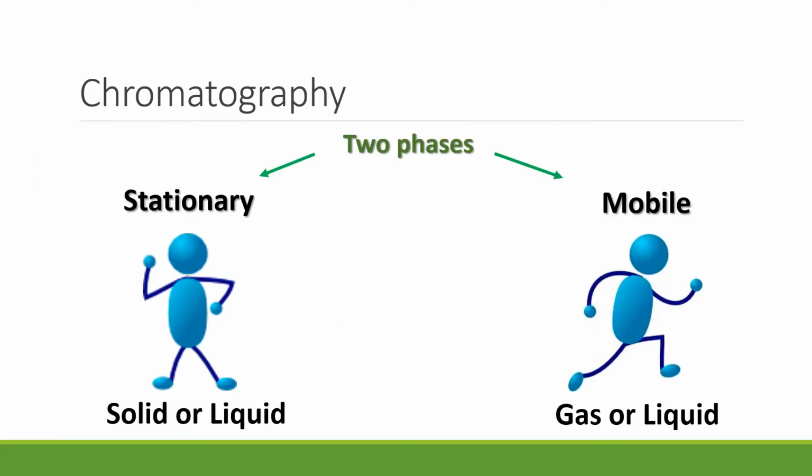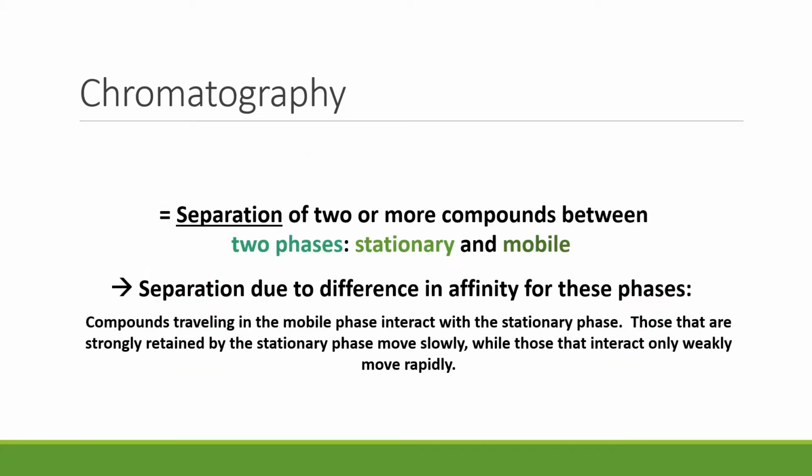In chromatography, we're basically dealing with two phases. Like I said, there's a stationary phase and a mobile phase. Depending on the type of phase that we are using depends on the type of separation that we're doing, which is the separation of two or more compounds between these two stationary and mobile phases.